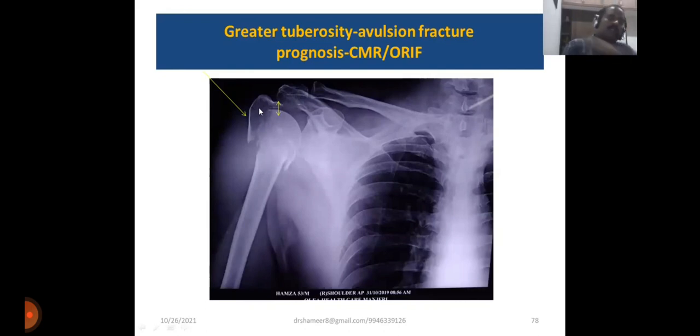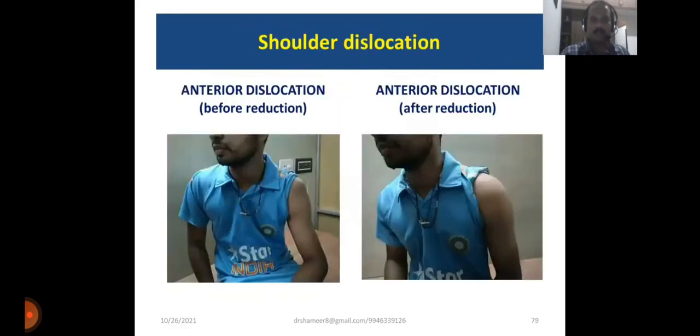If the patient abducts the shoulder like this, the fragment migrates upward. So it will create a block here, in the subacromial space. There will be a subacromial impingement by the superiorly migrated greater tuberosity. So it is surgical. Okay, this is very, very important.